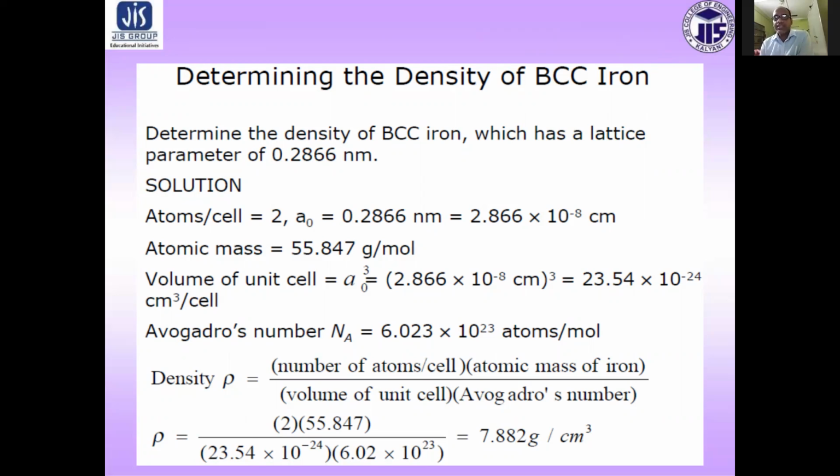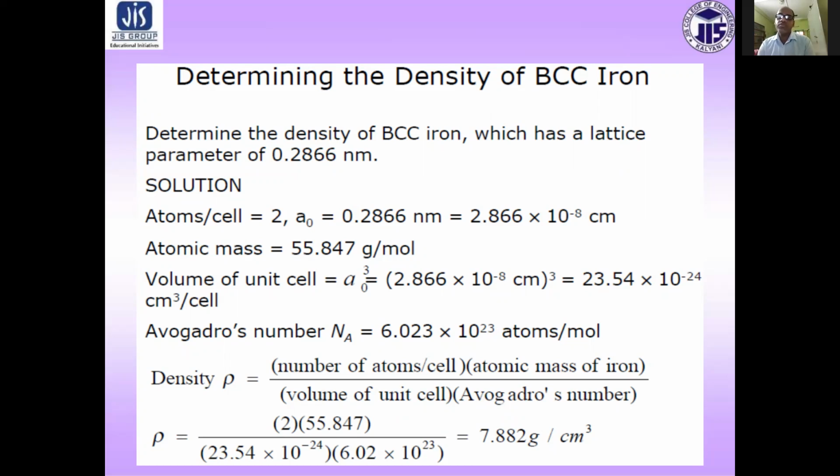The lattice parameter is 0.2866 nanometer, which is equal to 2.866 into 10 to the power minus 8 centimeter. The atomic mass is 55.847 gram per mole.